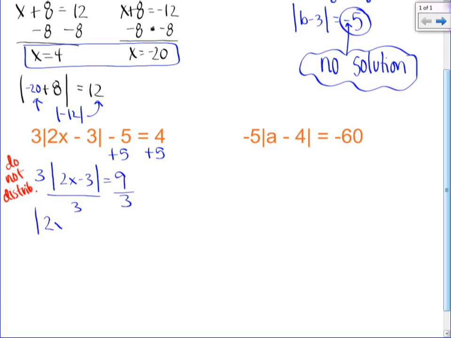So now we have 2x minus 3 equals 3. This is possible, correct? It's not a no solution like last time, because this 3 on the right is positive. So now we're going to write it 2 times. 2x minus 3 equals 3. 2x minus 3 equals negative 3.